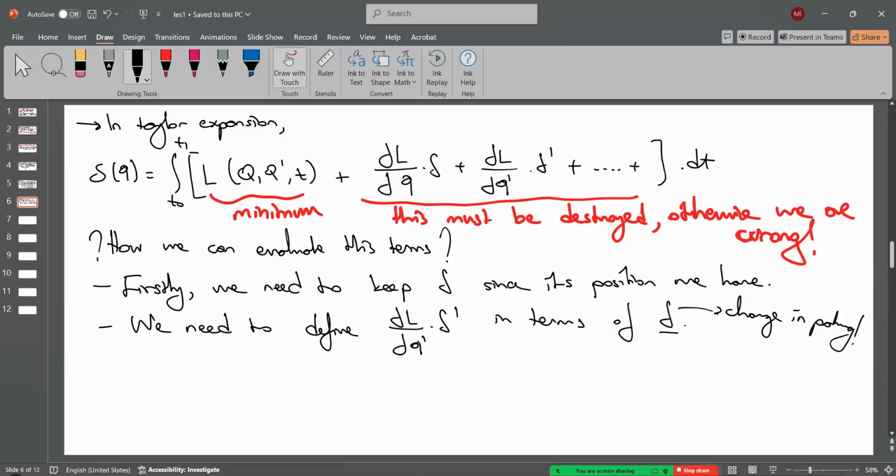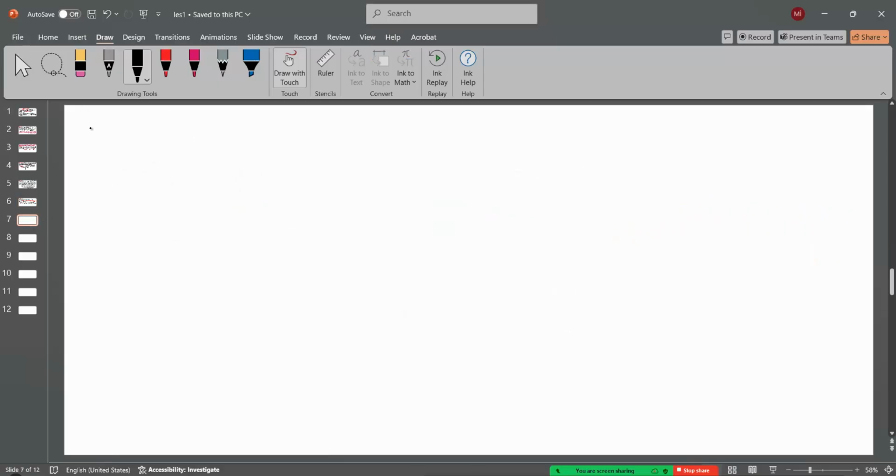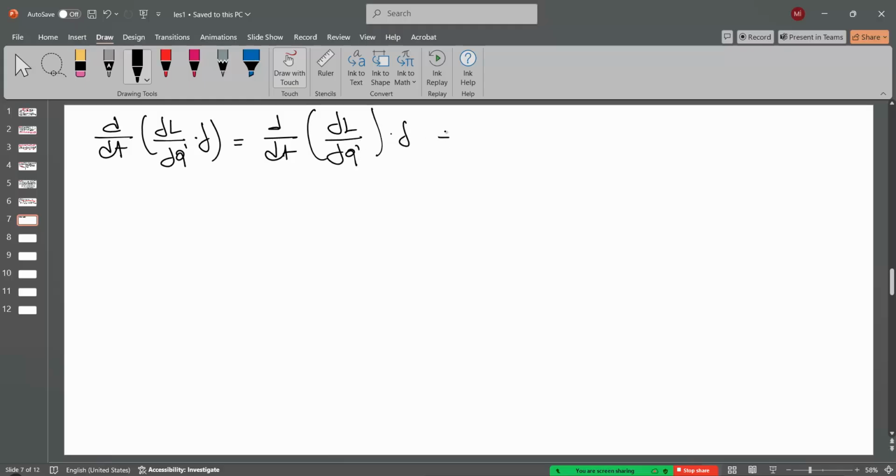And so in order to solve this problem, we can write it this way: d over dt of dL/dq dot times delta must be equal to what? d over dt of dL/dq dot times delta plus dL/dq times delta. And so this is coming from what? The calculus of variations. This is the partial integral form of this equation. Okay?